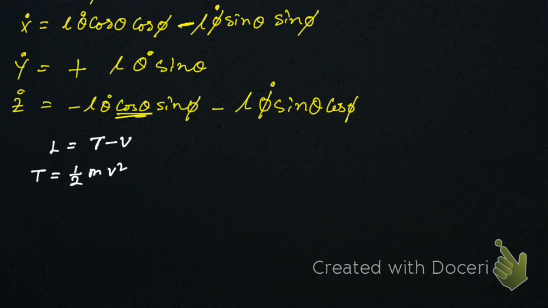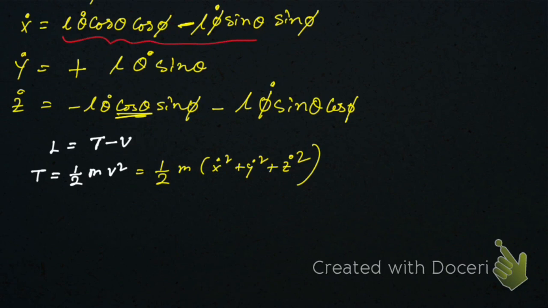Here instead of v square, we have to take the sum of the squares of these velocities. So half m times x dot square plus y dot square plus z dot square, all components should be taken, right? Now this is the kinetic energy, and if you put those values here, then let me show you what you will get.